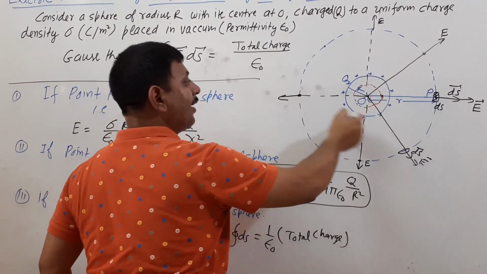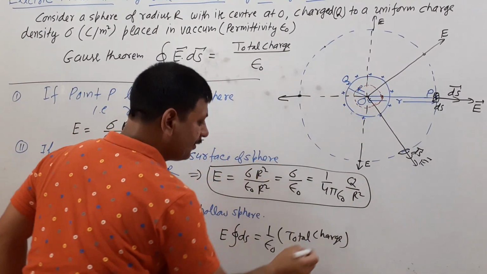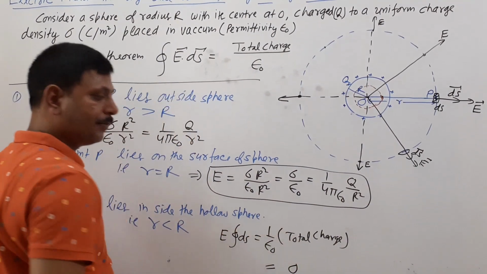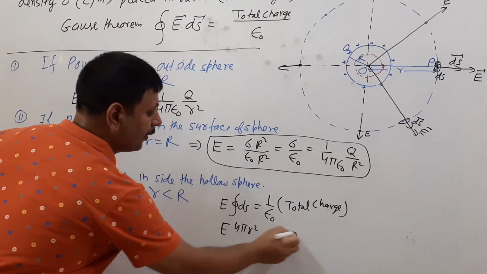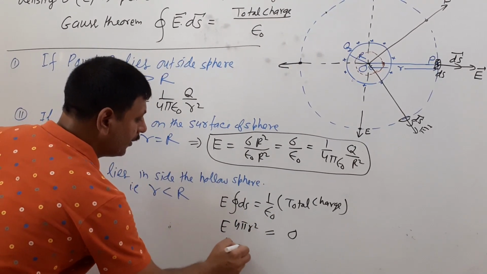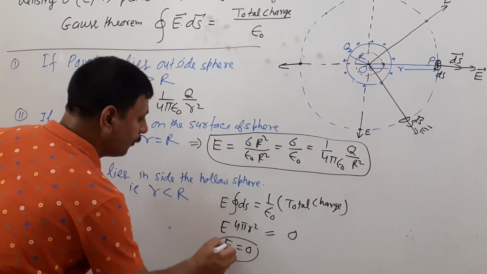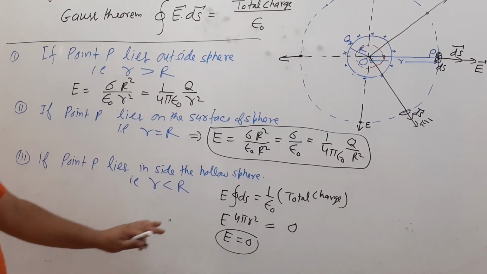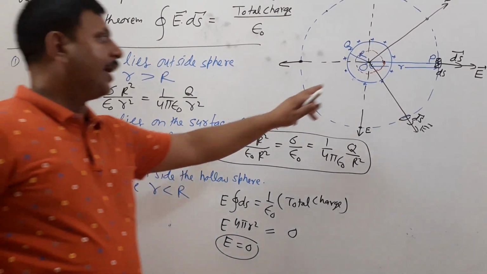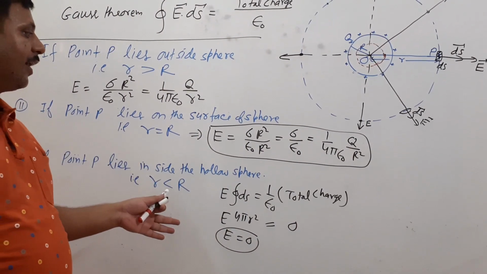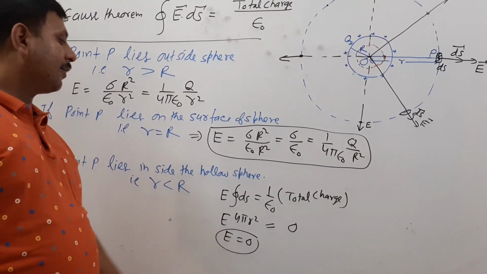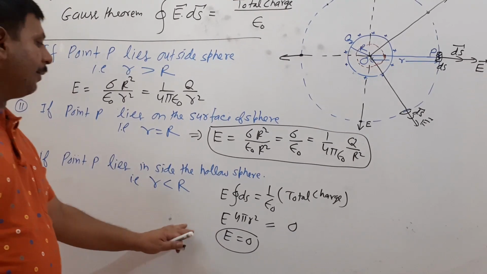This Q charge lies outside the surface, so inside the surface there is no charge. So E 4 pi r square is equal to 0, so the electric field is equal to 0. Remember this: if point P lies inside the spherical shell or hollow sphere, the electric field intensity will be 0.